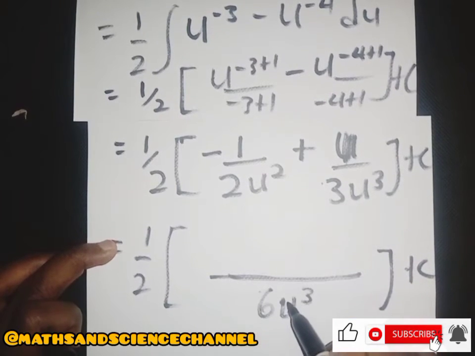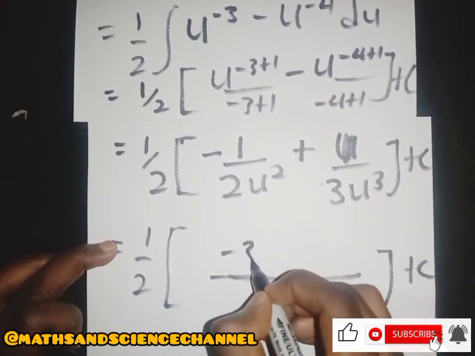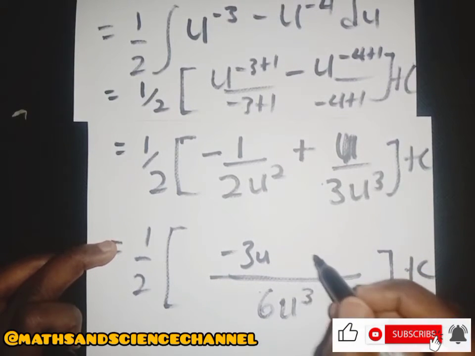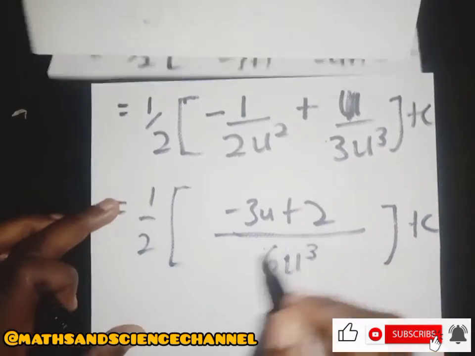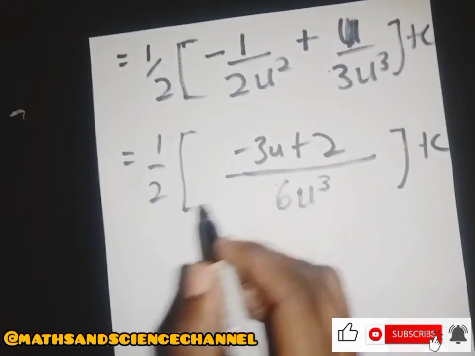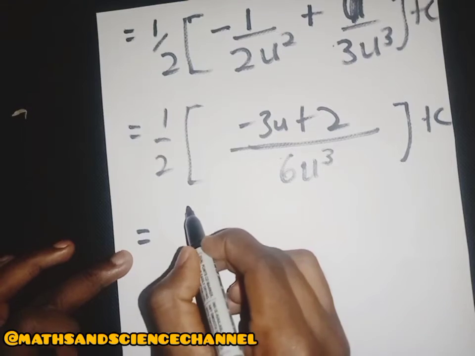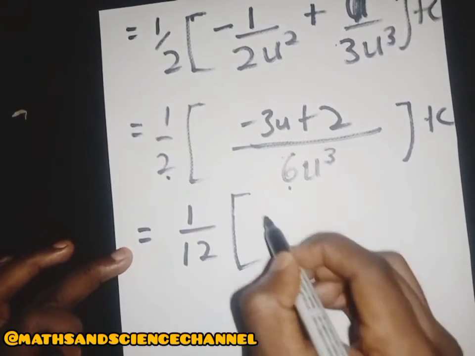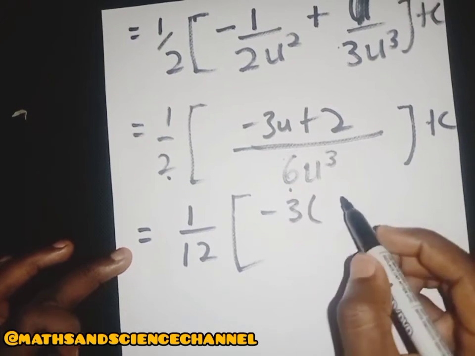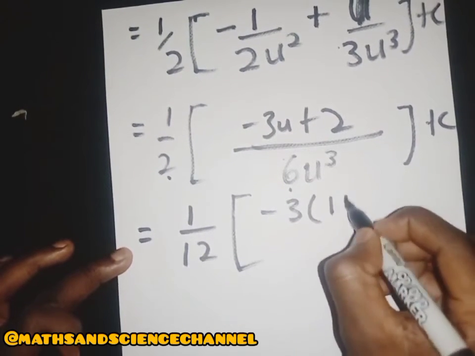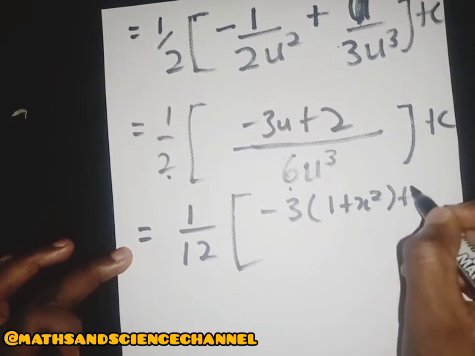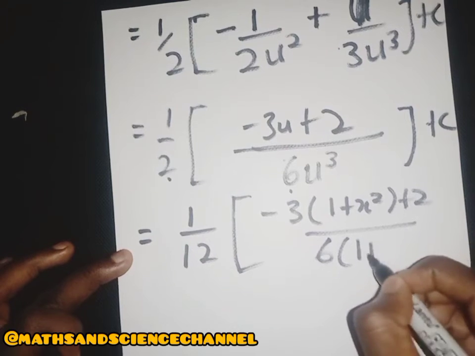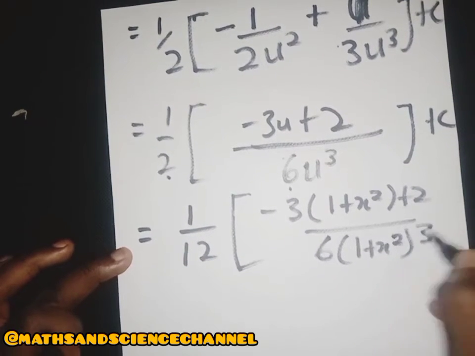This goes into that, we have 3u, so we have minus 3u here, and then this goes into that, we have just 2, so plus 2 here, and then from here we have 1 over 2 multiplies that, we have 12 here, and then minus 3 into bracket. Remember we said let u equal 1 plus s squared, plus 2 divided by 6 into bracket 1 plus s squared and then cubed here.